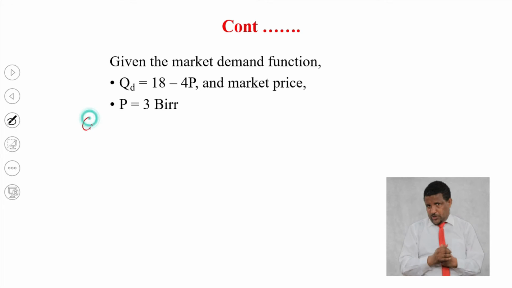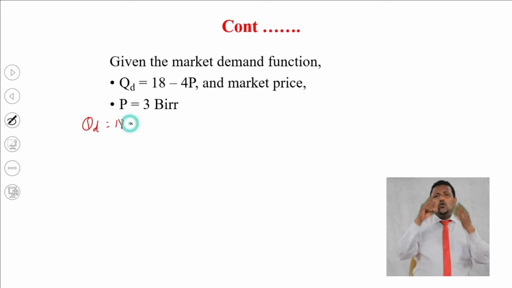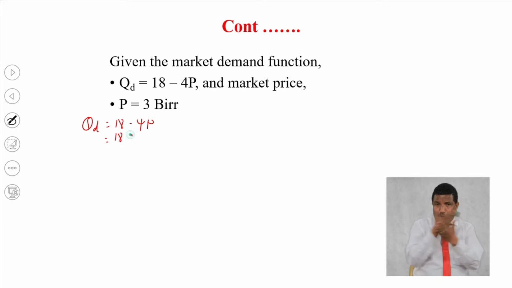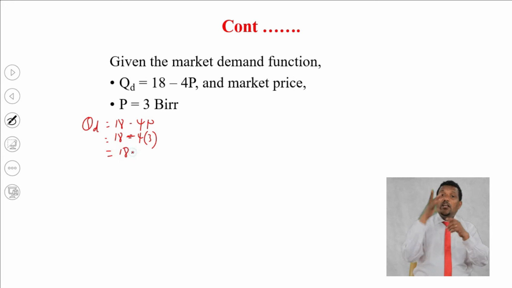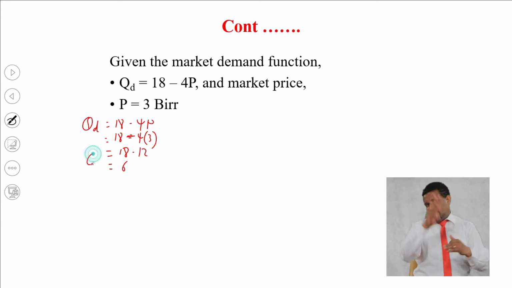That is QD equals 18 minus 4P, and when we substitute the given price of 3 birr, this is 4 multiplied by 3, and 18 minus 12 is 6. Then the initial quantity is 6. So we get the initial quantity and take the given price as the initial price.